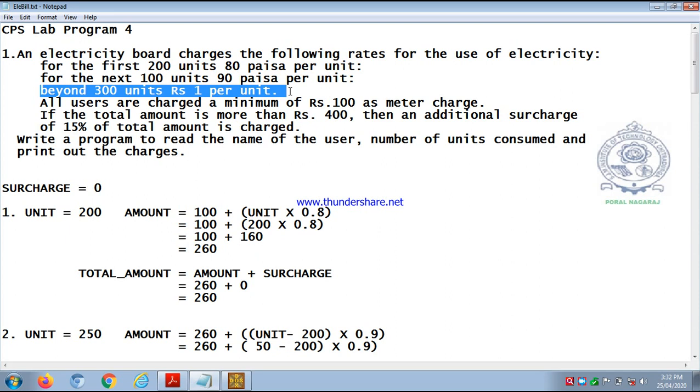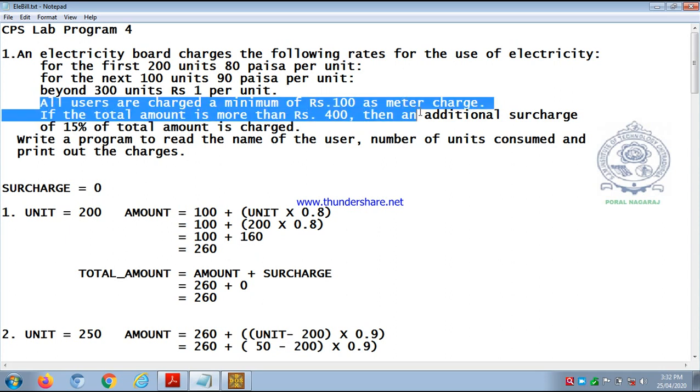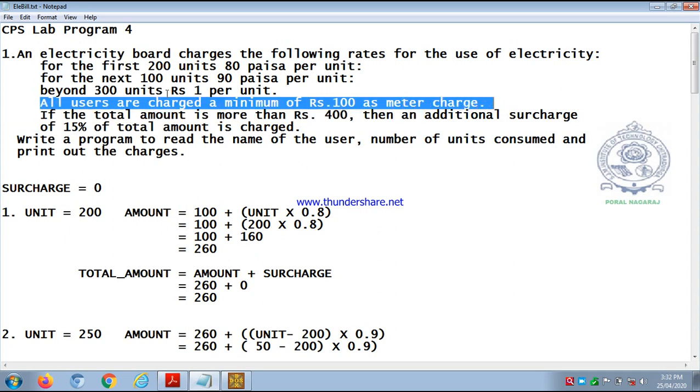So these are the conditions given. All users, in addition to this, are charged a minimum of rupees 100 as meter charge. Means in addition to the amount according to the number of units consumed, a fixed amount of rupees 100 per meter will be charged.